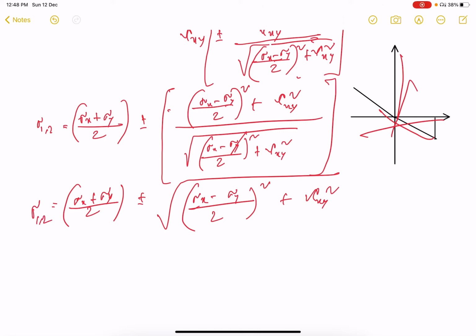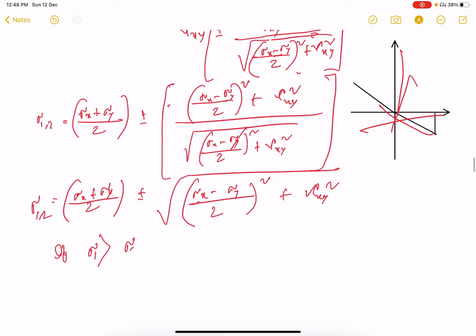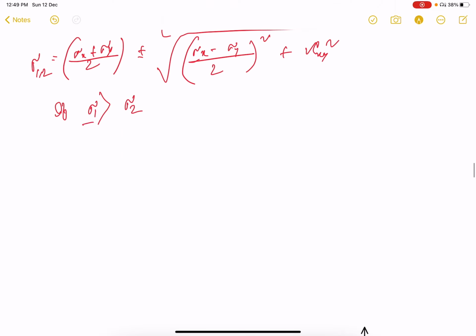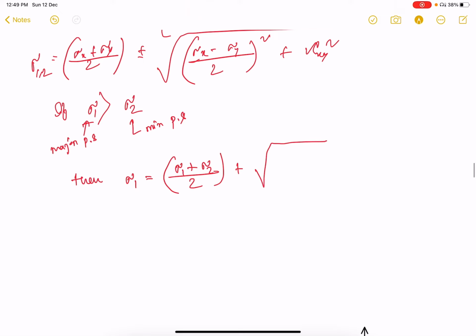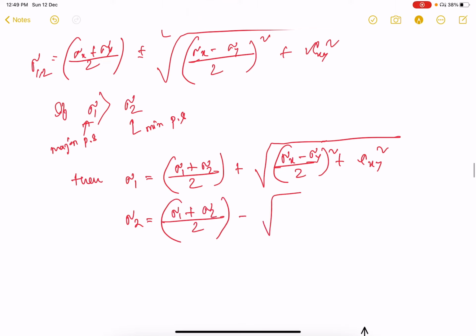So this is a very important derivation. If sigma 1 is greater than sigma 2, if you consider sigma 1 as the major principal stress and this as the minor principal stress, then sigma 1 will be (sigma x plus sigma y) divided by 2 plus the root of ((sigma x minus sigma y) divided by 2) whole square plus tau xy square, and sigma 2 is equal to (sigma x plus sigma y) divided by 2 minus the same root.